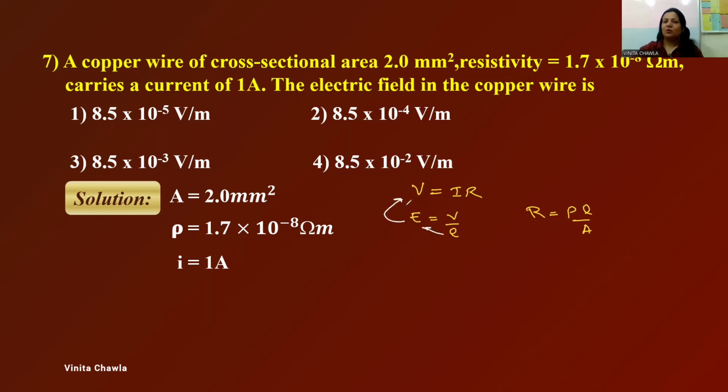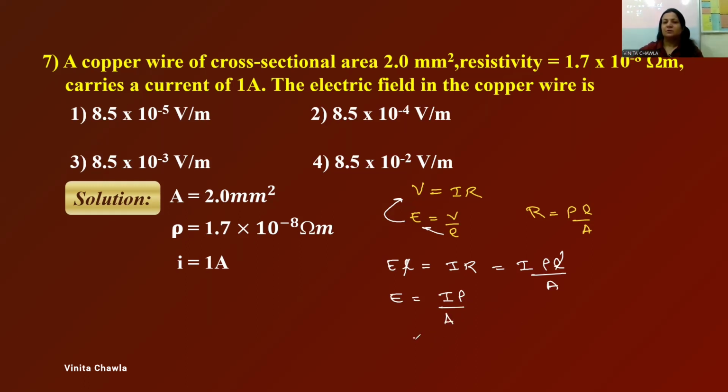We'll put EL here. So we get EL is equal to IR, and R is rho L by A. Now we can cancel this L. So E is equal to I rho by A. Now put the values here.